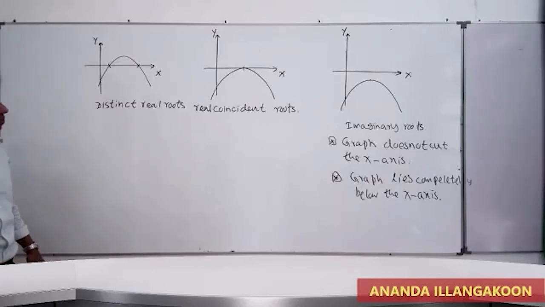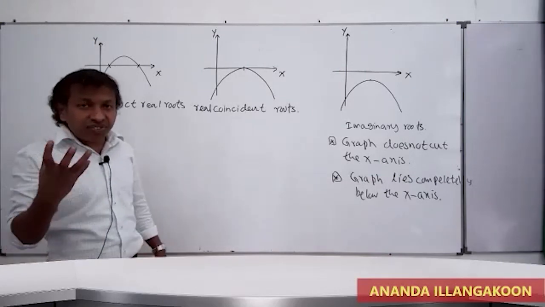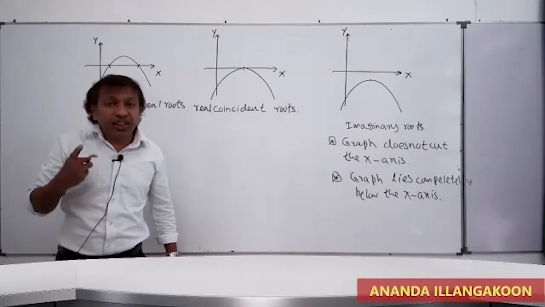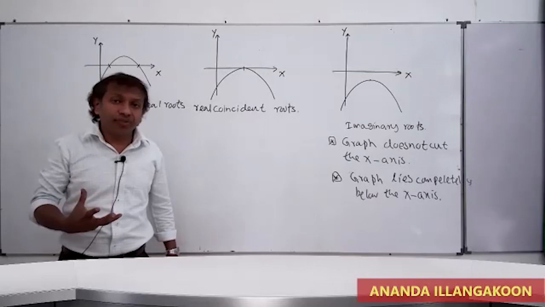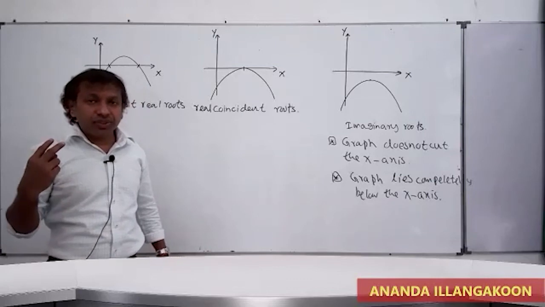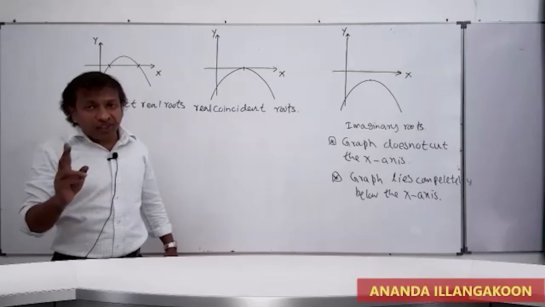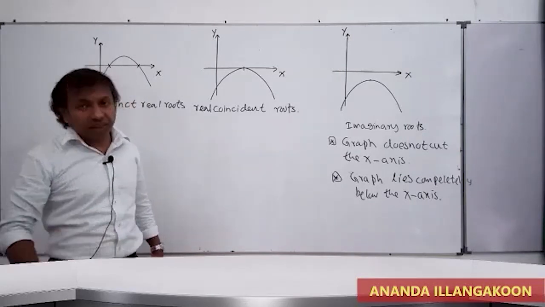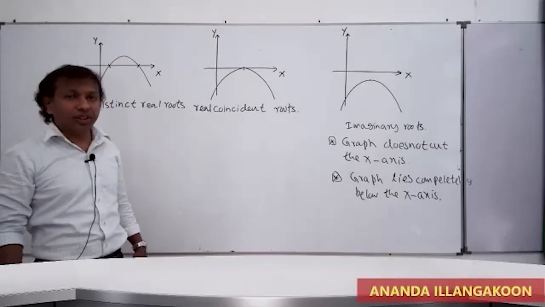Right now, as a summary, can you tell me what are the 3 types of existing roots for a quadratic graph? Real distinct roots, real coincident roots, and then imaginary roots. Understand? So they are the possible types.